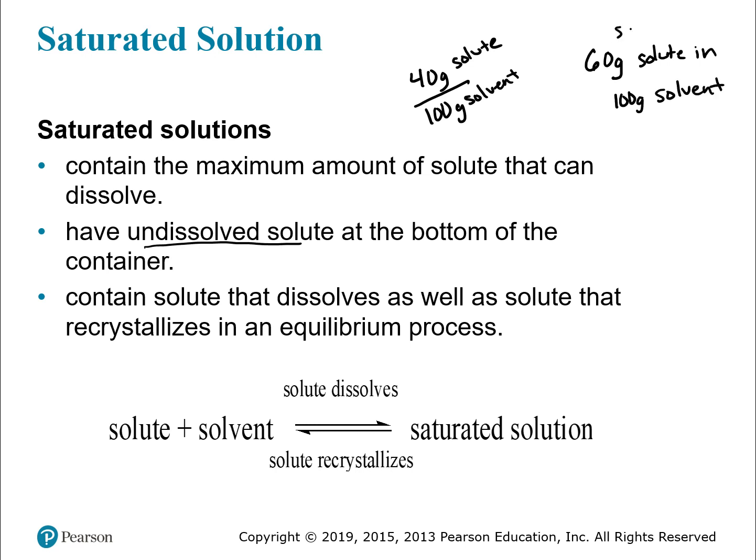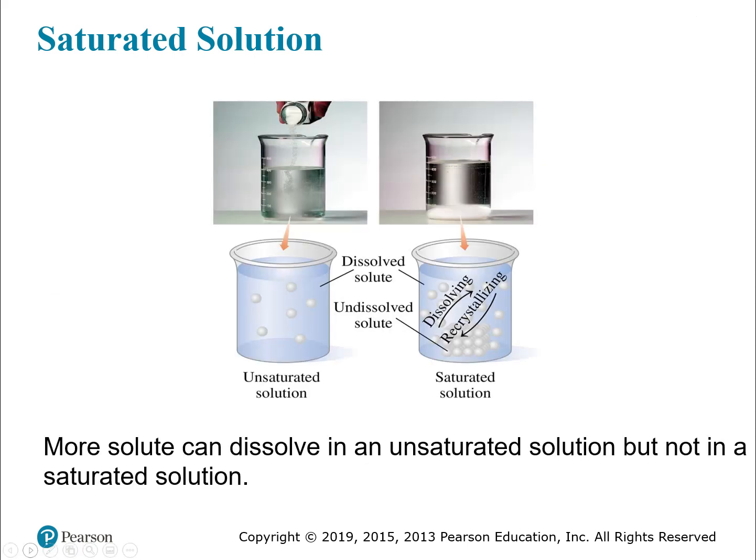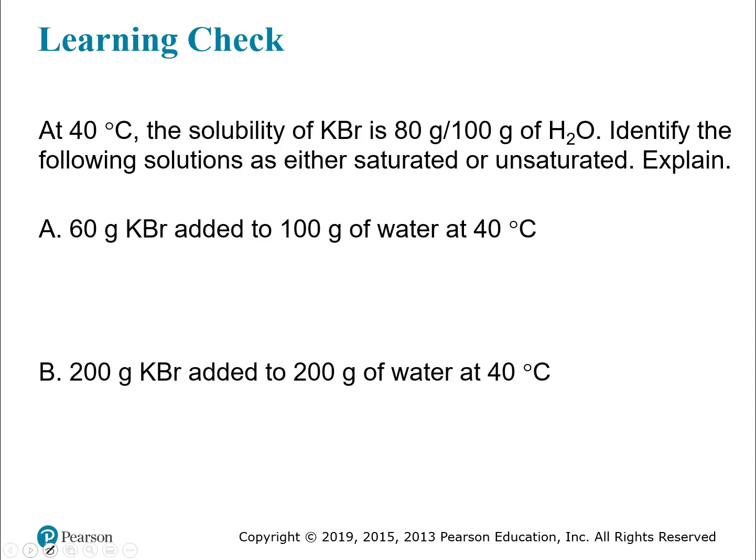That would be saturated. So this again just illustrates saturated solutions, where you have unsaturated, you keep adding, and then all of a sudden you start to see buildup on the bottom of the beaker. That's saturated now.